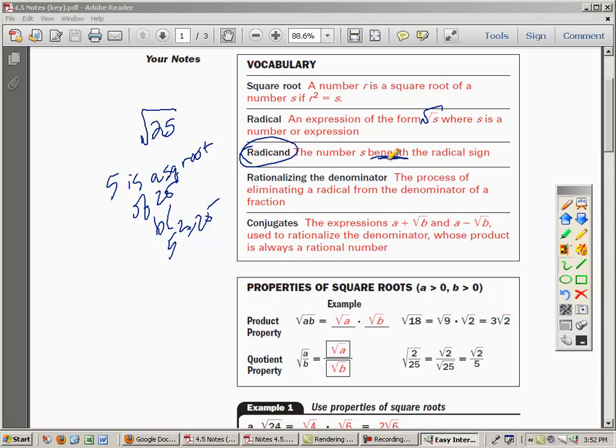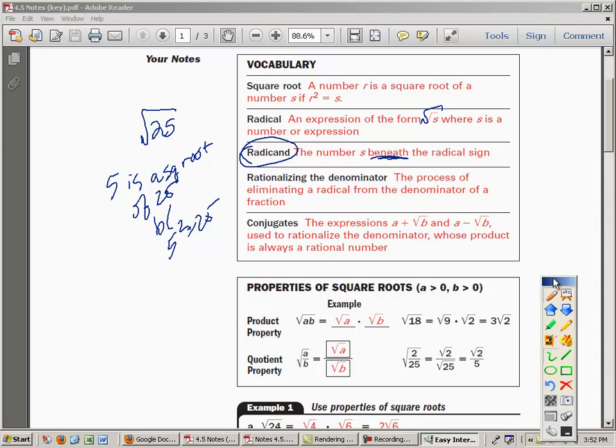Now, rationalizing the denominator is the process of eliminating a radical from the denominator of a fraction. If you remember the term rational number, a rational number is one that repeats or terminates. It's when we get weird numbers like 0.3869142, etc., with no pattern, not repeating, that the number would be an irrational number.